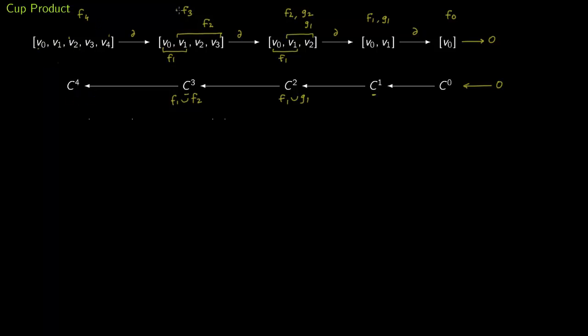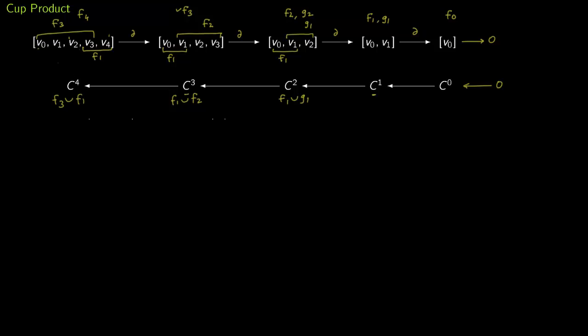Or you can take f3 which acts on four vertices. Say f3 is acting on these vertices right here, and coupled with something acting on two vertices, say f1. Again, the common vertex is there, v3. So f3 coupled with f1 lies in c4.